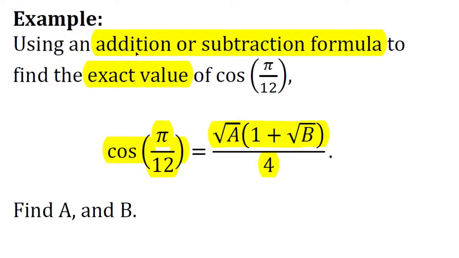Then what you need to do is simply follow the calculation for exact value by using either the addition or the subtraction formula, and make sure you are able to do the reduction of square roots, combine square roots, add fractions, and at the end factor out a square root factor. It will land you in the form that looks like the one given in the example problem.